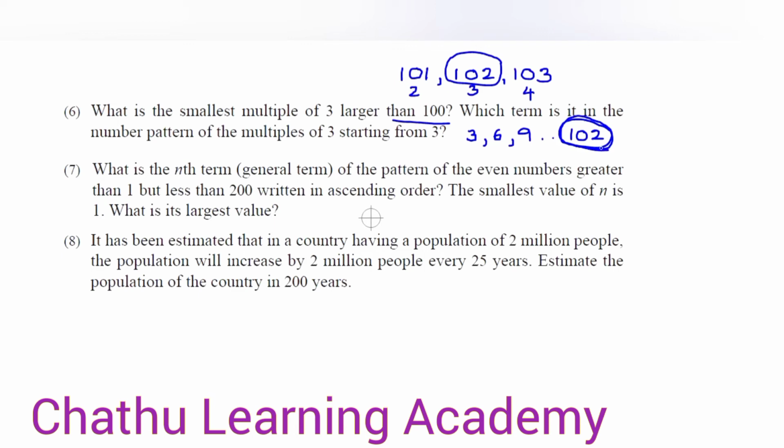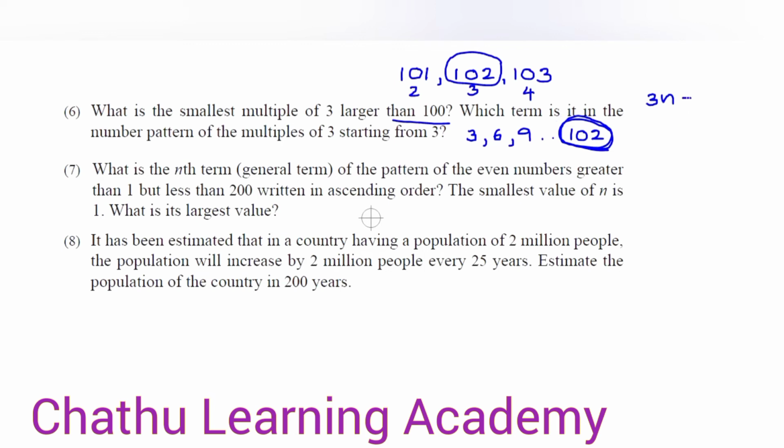They ask the value for n. Then what is the general term? Here it's multiples of 3. It means the general term should be equal to 3n. Now we have already found the value for this last term according to this number pattern. We want to find the term related to this value.